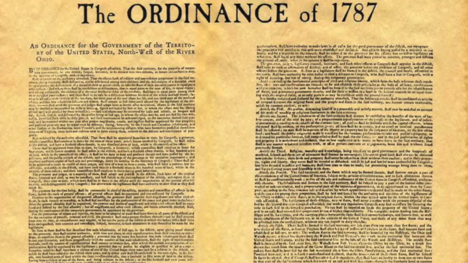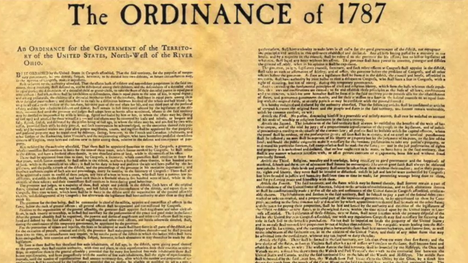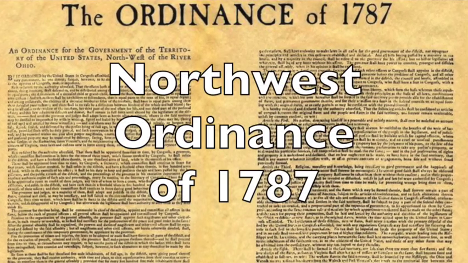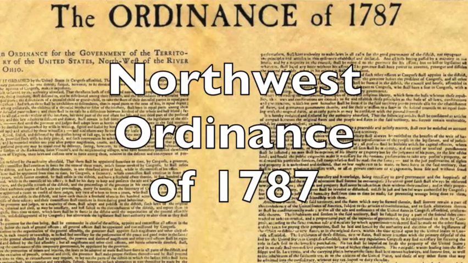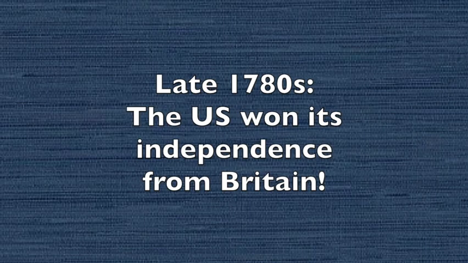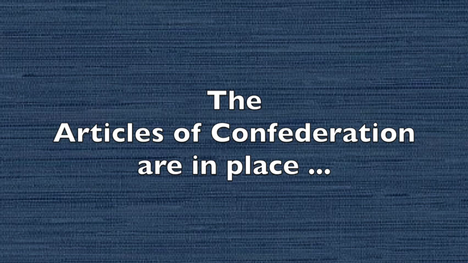Today we are going to dive into one of the most important yet overlooked pieces of legislation in early American history, the Northwest Ordinance of 1787. So here's the situation. It's the late 1780s. The American colonies have won their independence from Britain, but the newly formed United States is still figuring out how to govern itself. The Articles of Confederation are in place, but they are shaky.